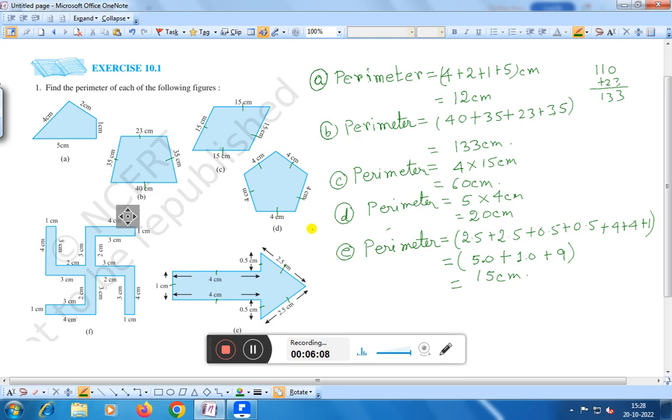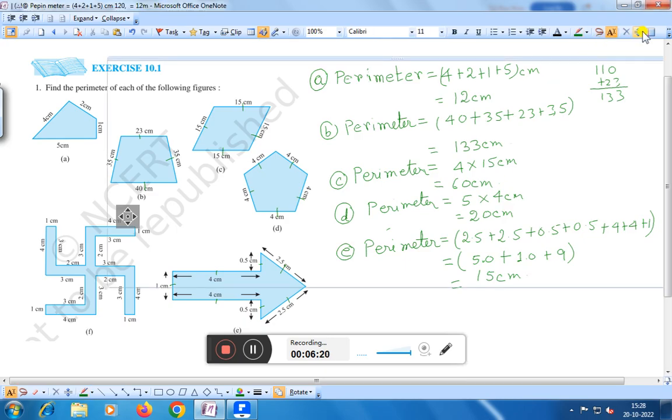Now figure F. In figure F, you have to add all the lengths of the sides, then you will get the perimeter of figure F. Let us find the perimeter of F, right?